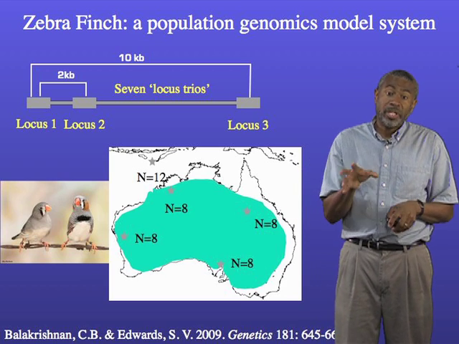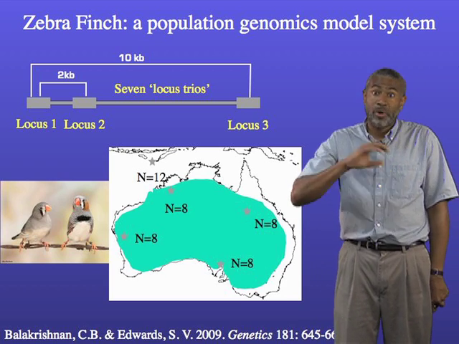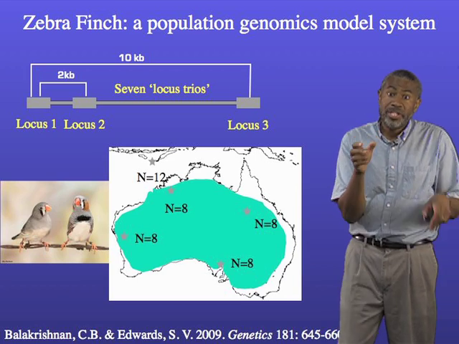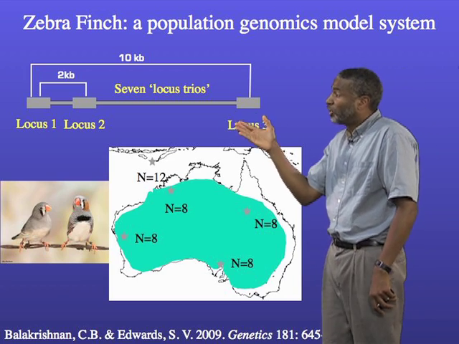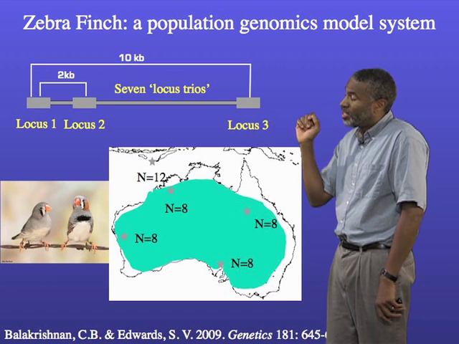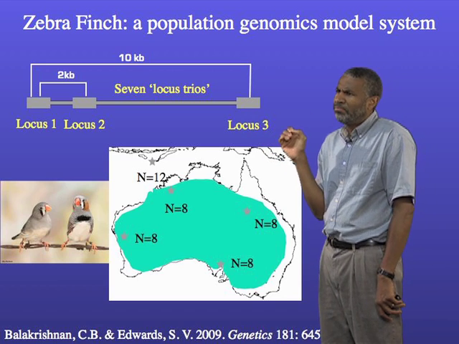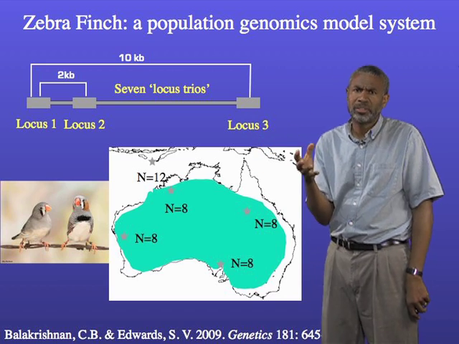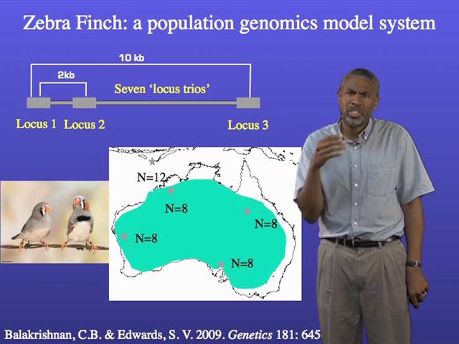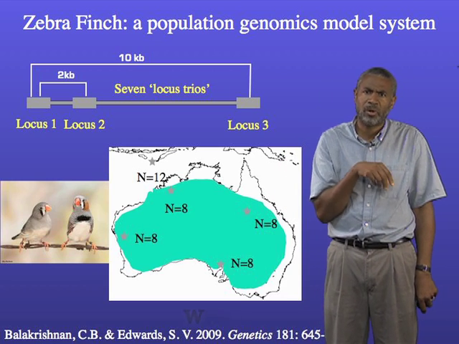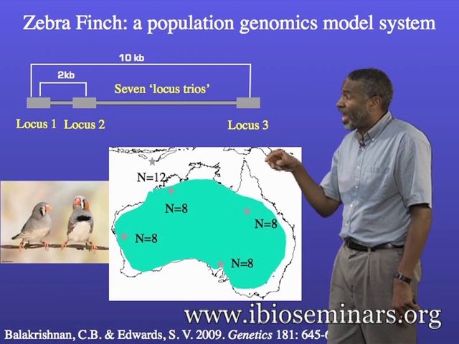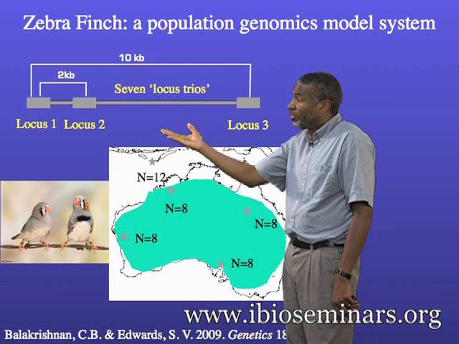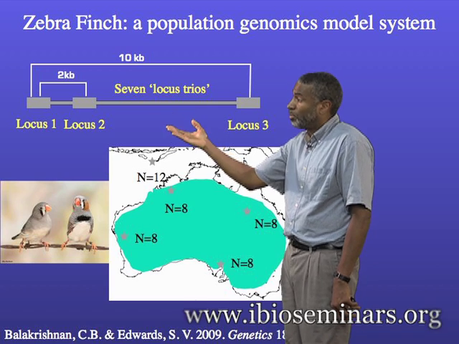So what we're going to do here is we're going to look not just at random genes, but genes that we know are close together or far apart on the chromosome of the species. This is the type of information that we can't get from most species on the planet because we don't know where their genes are located on the chromosome. Thanks to the Genome Project, we know, for example, that locus 1 and 2 are 2,000 base pairs apart.